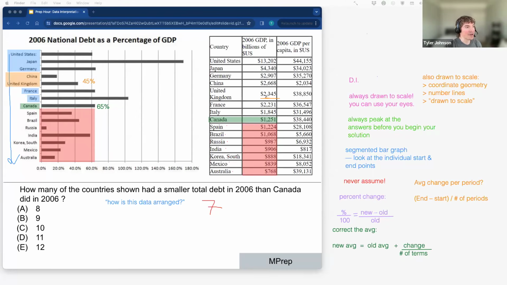And doing some rough napkin math, I'm taking about half of 2,300, call that like 1,100-ish. And if Canada is about 2/3 of 1,200, I know UK, that one's bigger as well. But China over here, it's a pretty small percent.